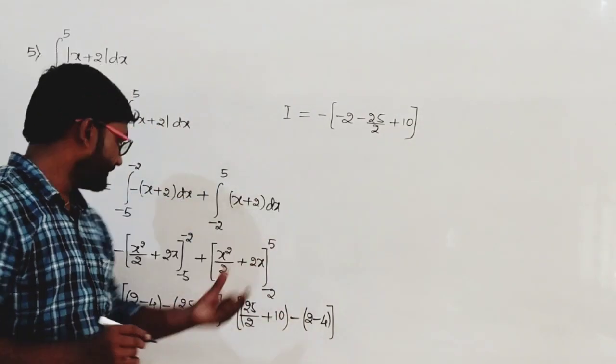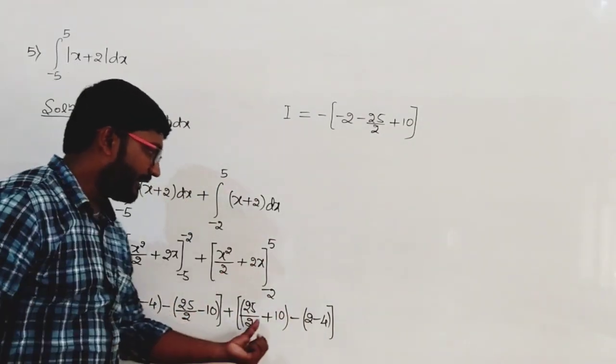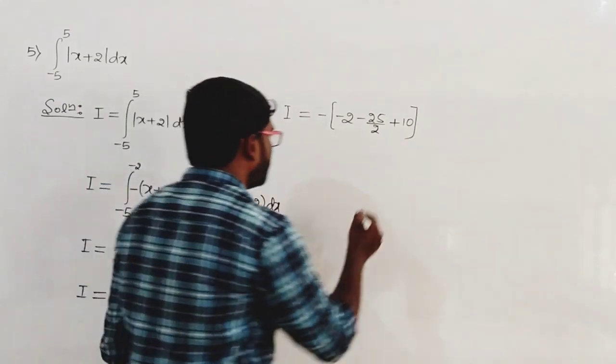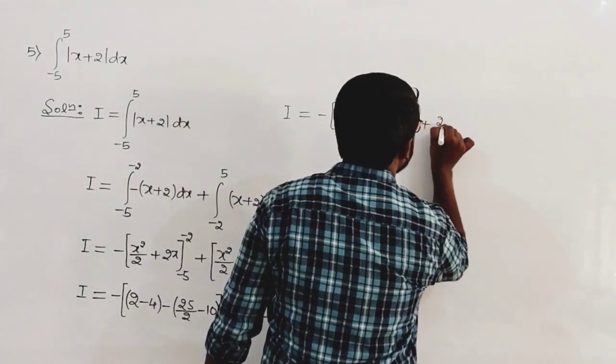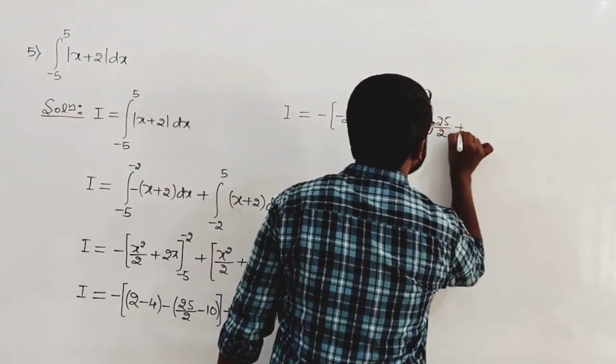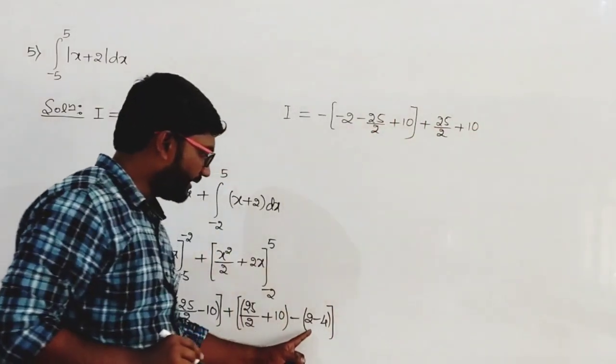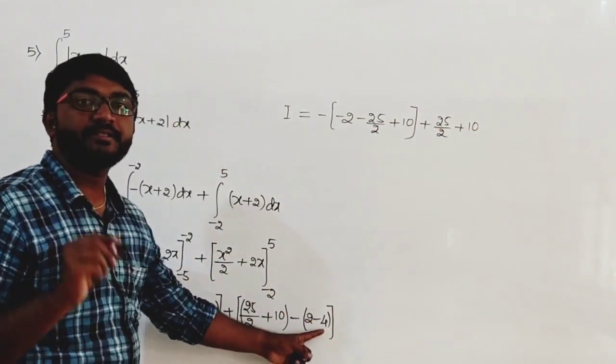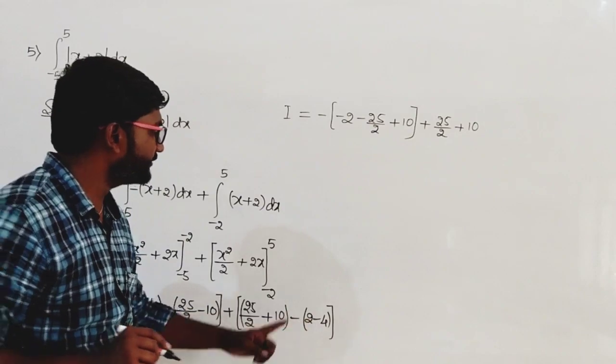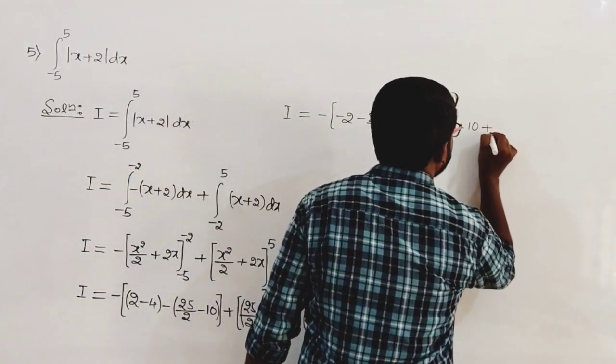This minus is related to only this term. Now I write these two as they are, 25 by 2 plus 25 by 2 plus 10. Then here we have 2 minus 4, it is minus 2, minus 2 into minus will be plus 2, so I can write plus 2.